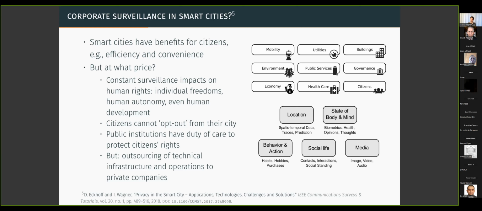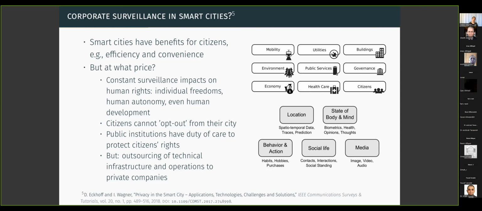And companies that offer to perform these services for the city can be very attractive. However, if they then provide these services and infrastructures at the price of, let's say, citizens' data, then it's more critical.